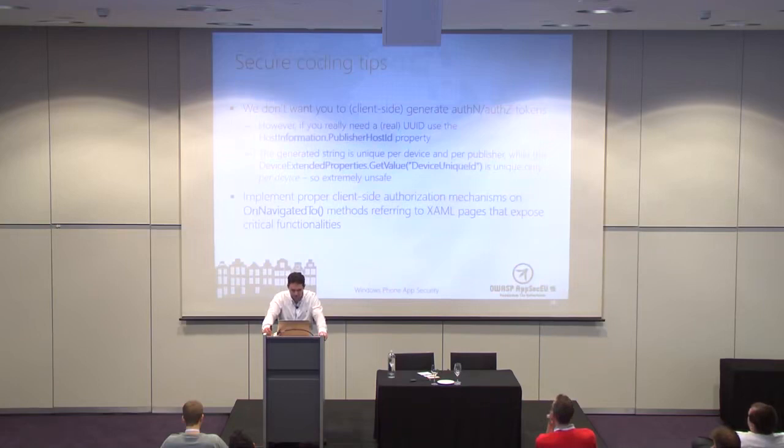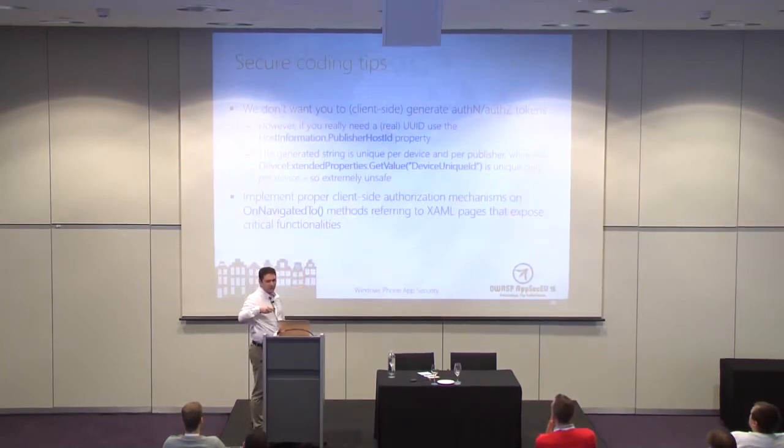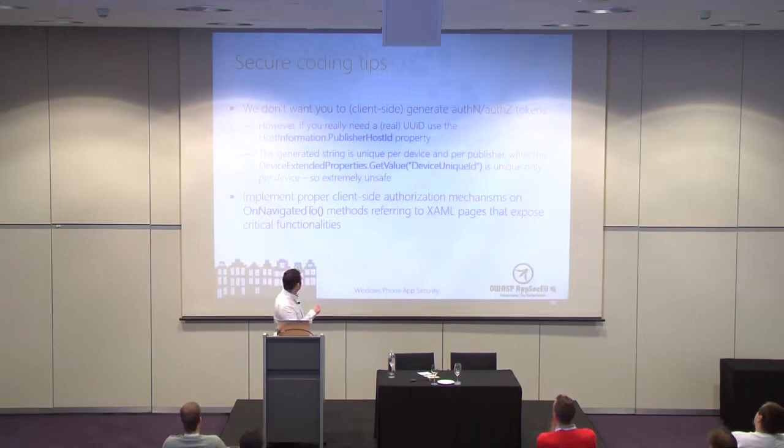The first is that I don't want you to generate authorization or authentication mechanisms on the client side. Okay, that's a good rule. But if you have to identify, not authenticate, your device, my suggestion is to use the publisher property, because this property is unique per device and per publisher, while the device unique ID is unique only per device.